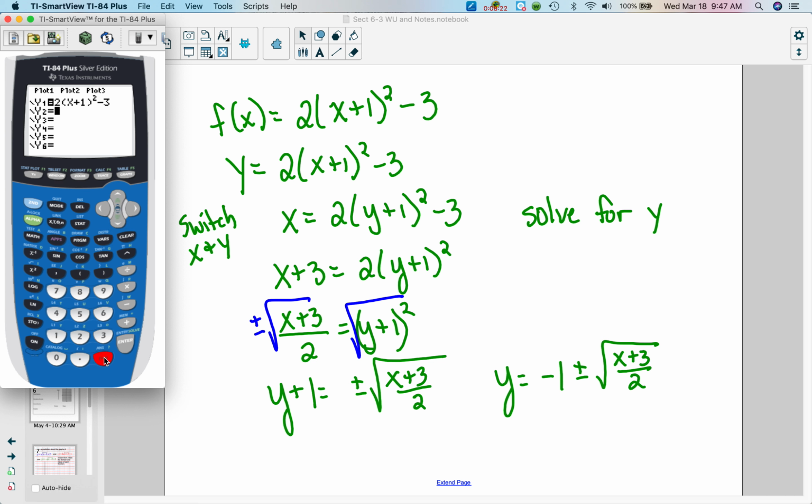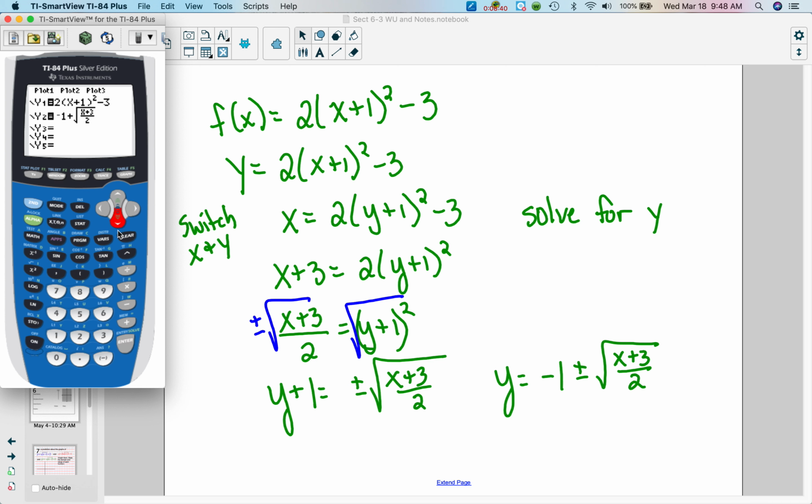So in y2 I'm going to put -1 plus, and then I want the square root of, and you can set it up like a fraction, and we'll have x plus 3 and a 2.